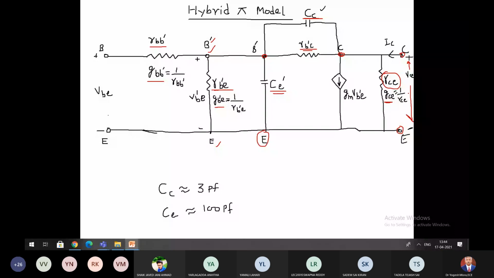Then there is a dependent current source, represented by GM, the conductance of the transistor, multiplied by VB dash E. You find VB dash E here at the input side. So this current source depends upon the input voltage VB dash E.